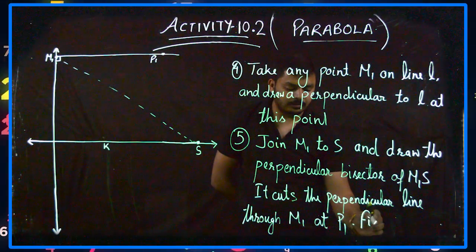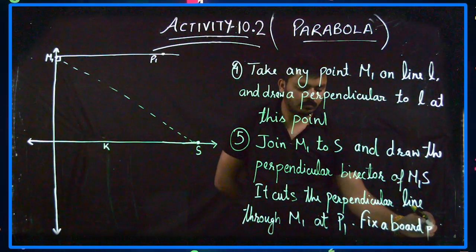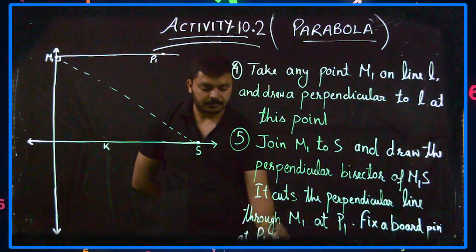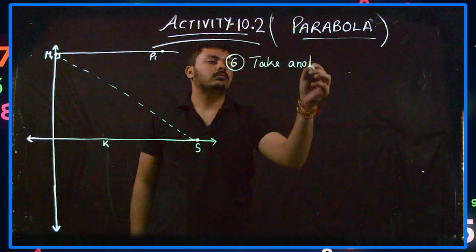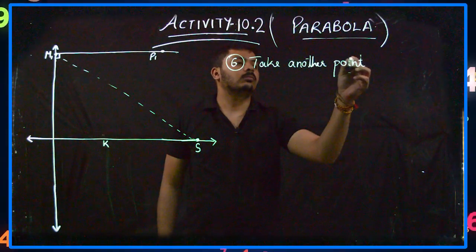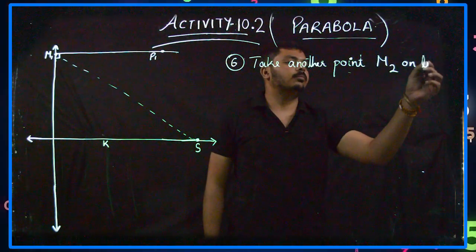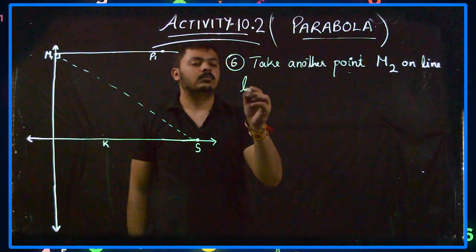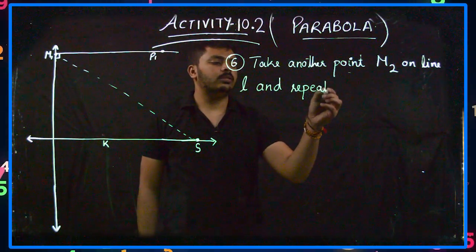Fix a board pin at P1. Take another point M2 on line L and repeat the same process.